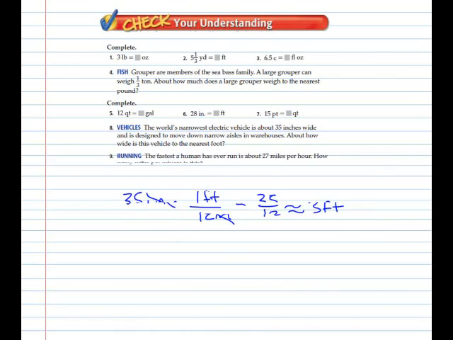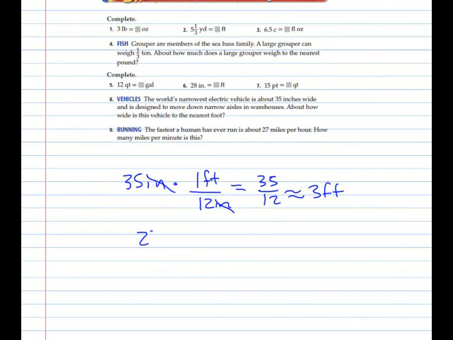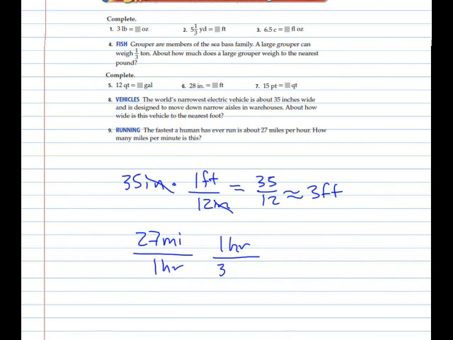The fastest a human has ever run is about 27 miles per hour. How many miles per minute is that? 27 miles in 1 hour. 1 hour equals 60 minutes.